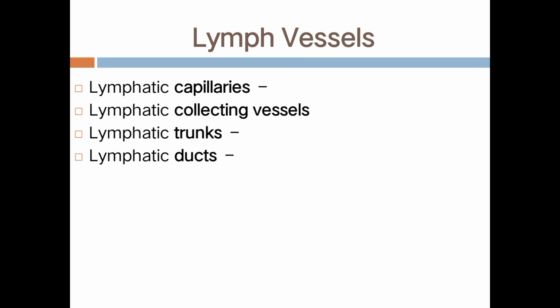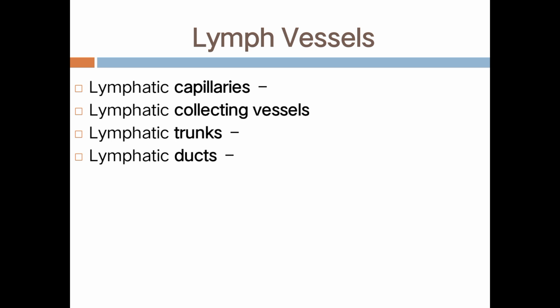Next, lymphatic ducts. Lymphatic vessels collect and filter lymph at the node as it continues to move forward into larger vessels called collecting ducts. These vessels operate very much like your veins do. They work under very low pressure and have a series of valves to keep the fluid moving in one direction.